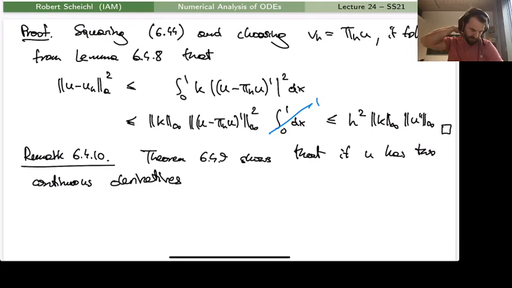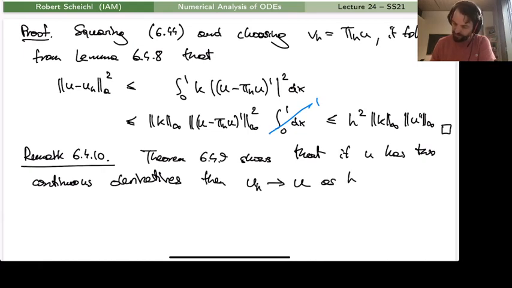So it doesn't have to be continuous, it can be piecewise continuous derivatives. But if u has two continuous derivatives, then UH converges to U as H goes to 0.